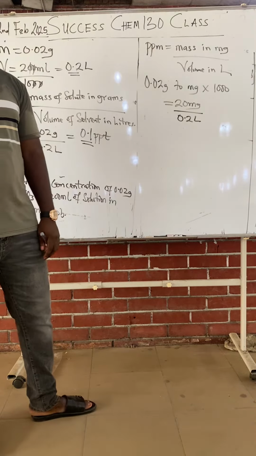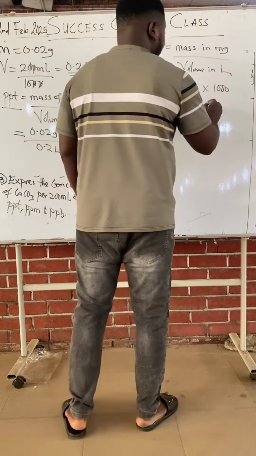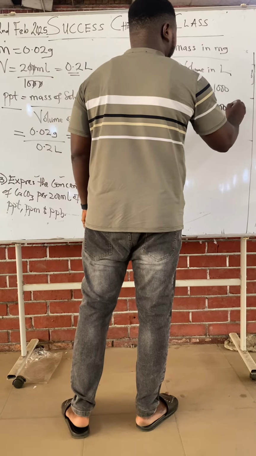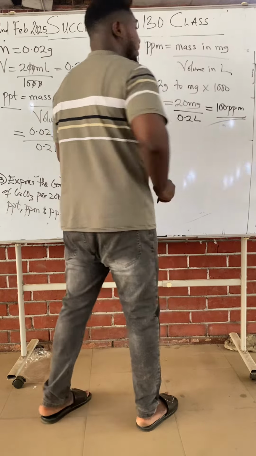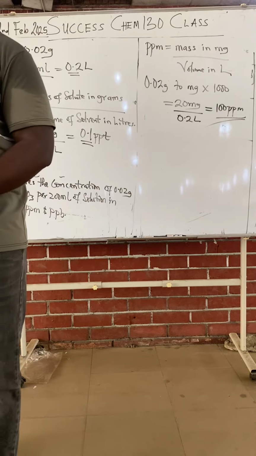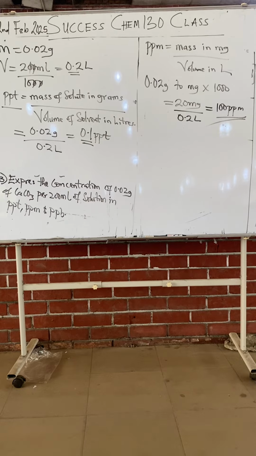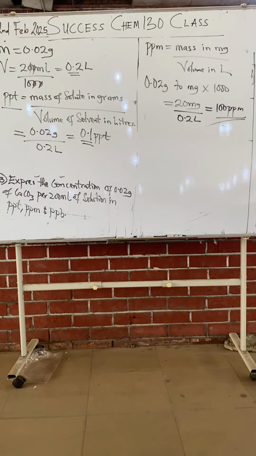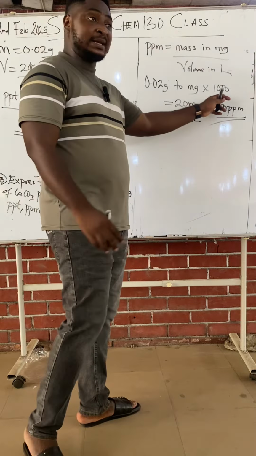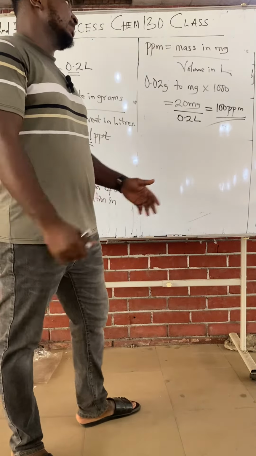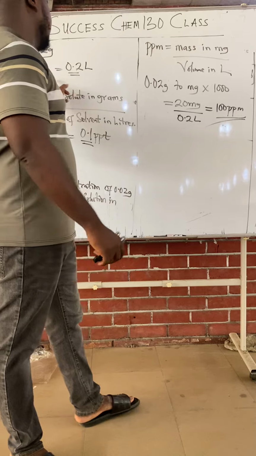That will give us 100 ppm. This is the concentration of the solution in ppm, parts per million. So they give you your mass, you change it to milligram by multiplying by 1,000, and your volume should be in liters.